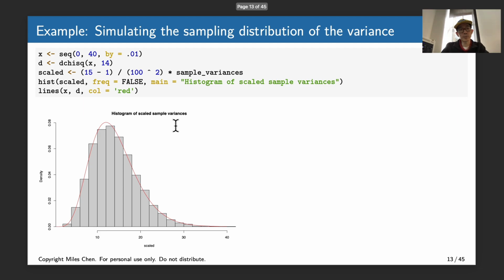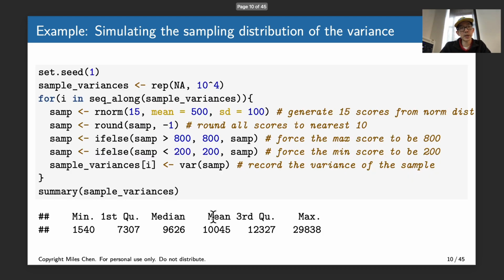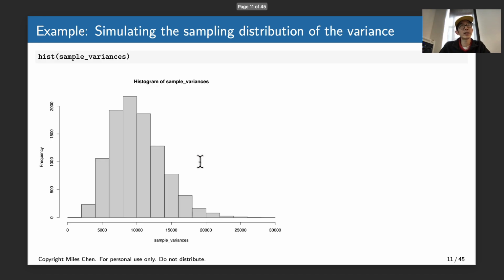So I can go back and look at this, and first of all, can you get a random sample where the variance is 20,000? The answer is yes, it could happen, but look at it. It's kind of far out here. It's not a very common occurrence. When you draw 15 values at random, can you get a sample where that variance is 20,000? Yes, but it's not very probable.